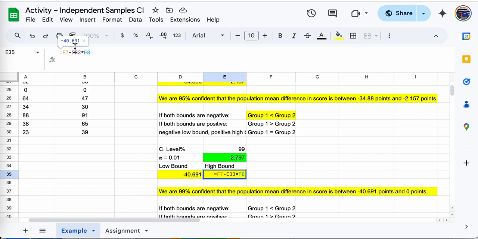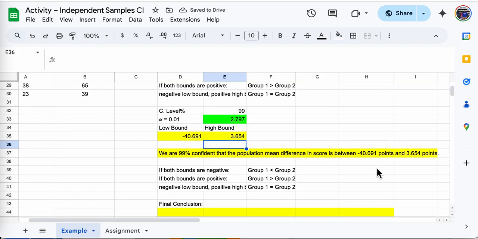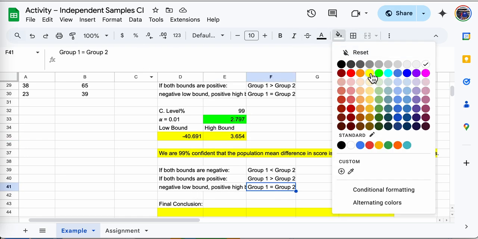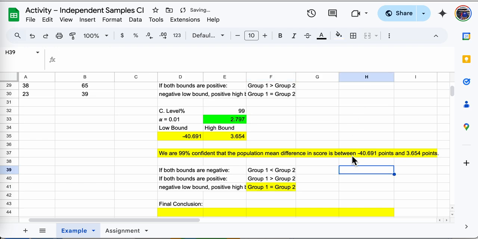And then minus goes to a plus. And now we have negative to positive, right? So negative low bound, positive upper bound. That's telling us that group 1 is equal to group 2.